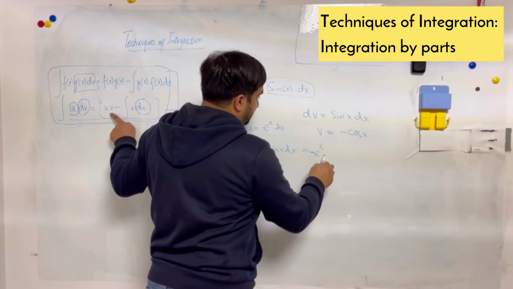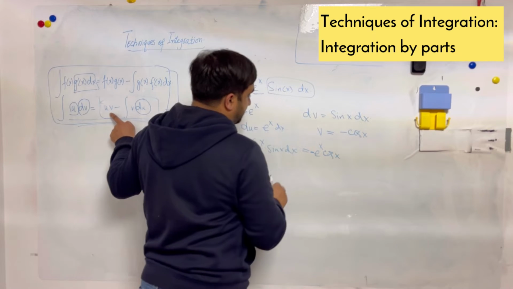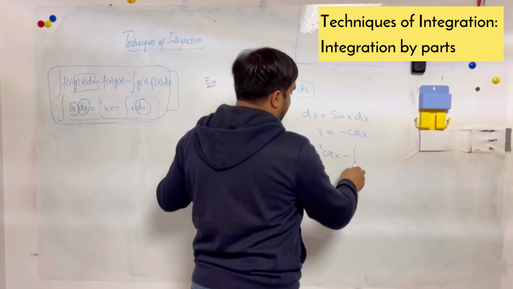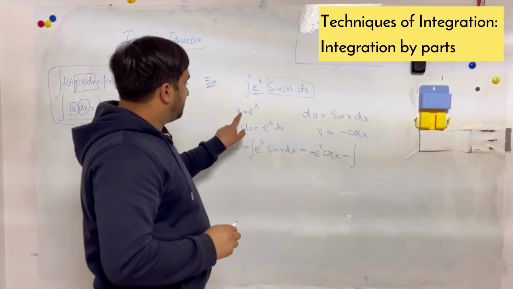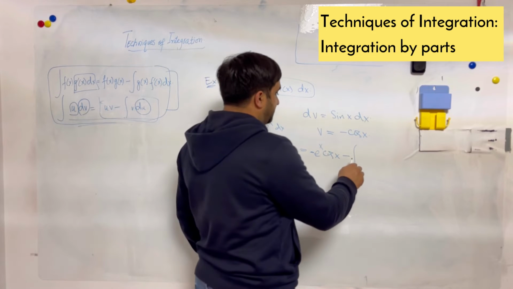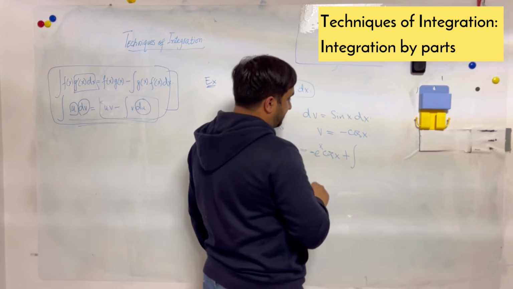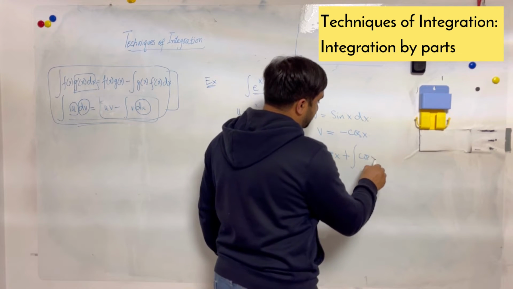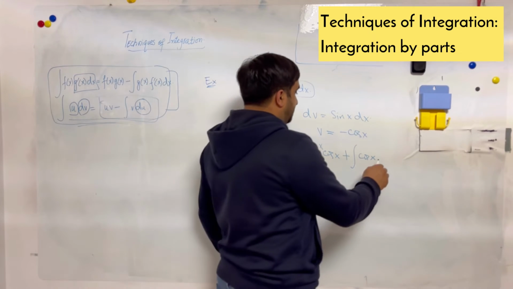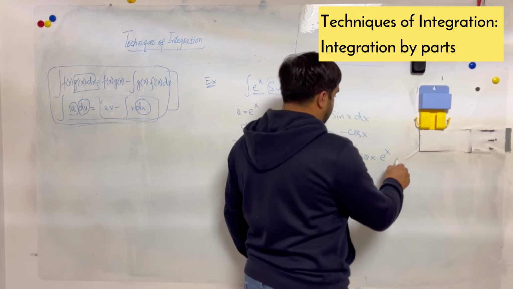I am taking the minus outside, so it becomes minus e power x cos x, minus from the formula the integral of v, which is minus cos x, so let us take the minus outside, it becomes plus cos x, times du, e power x dx.